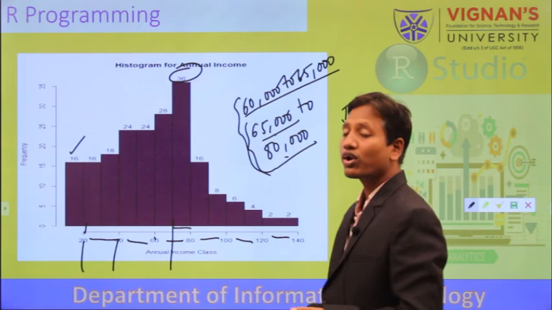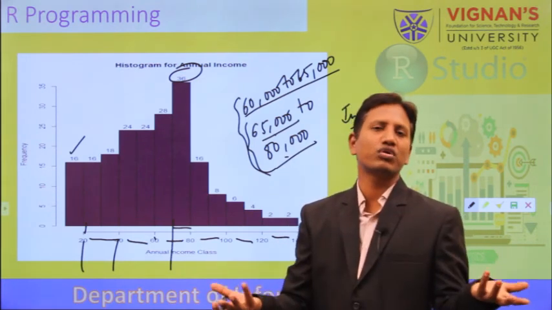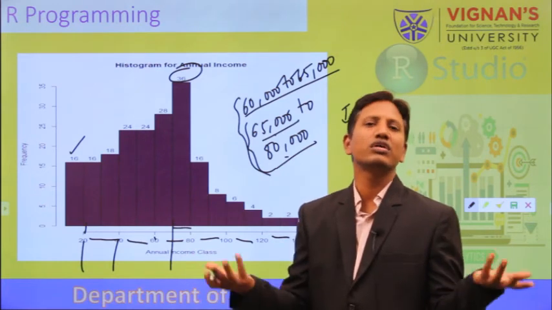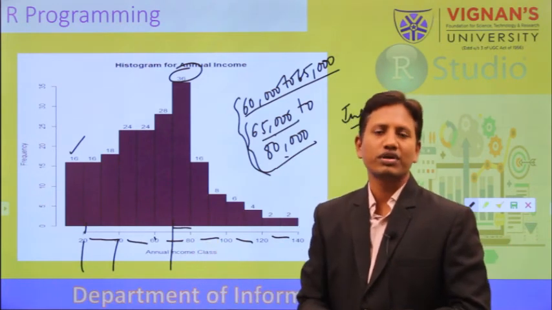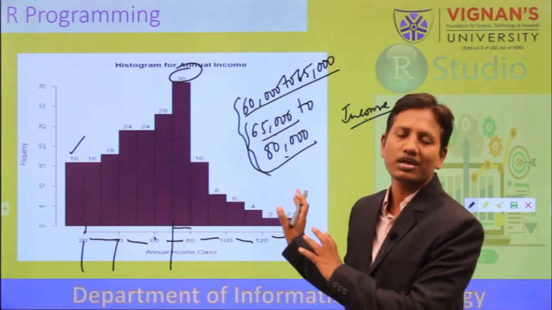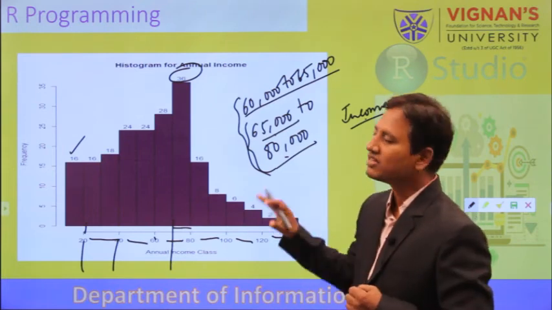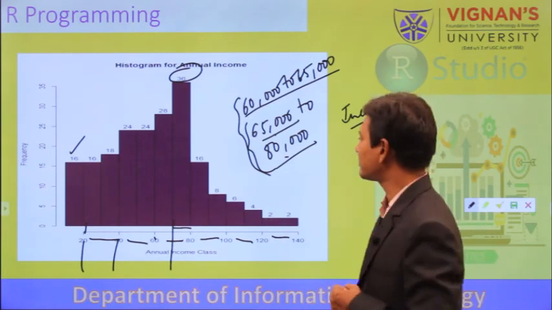These insights we cannot get by seeing an Excel sheet with 200 records, or 1,000, 2,000 records, or 2 lakhs of records. But if you put them in a proper plot or graph, you can get meaningful information. This is what is called data analysis.